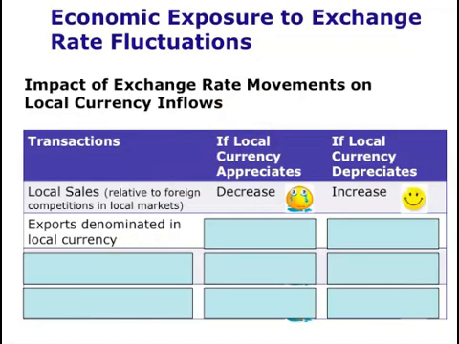Cash flow from exports denominated in the local currency will also likely be reduced if the local currency appreciates, because foreign importers will need more of their currency to pay for this product.